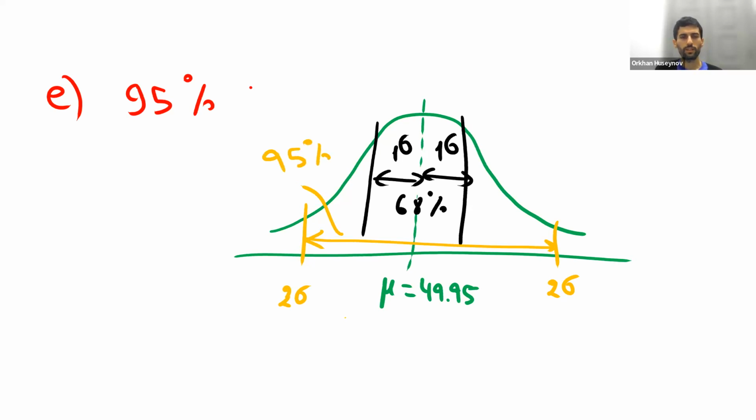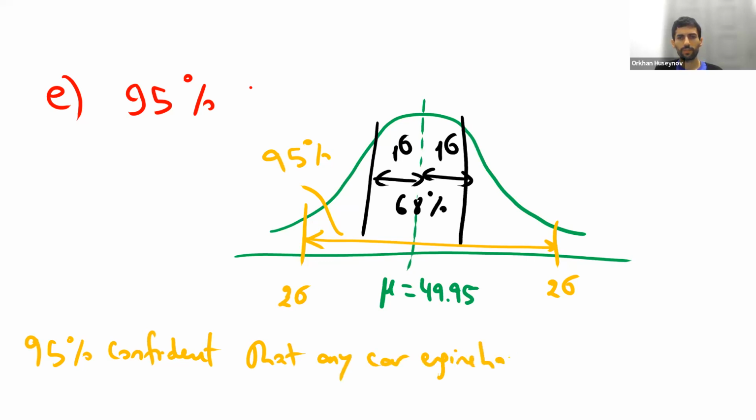So we are 95% confident that any car engine has a torque of mu plus and minus 2 sigma. So 2 sigma is the 95%.